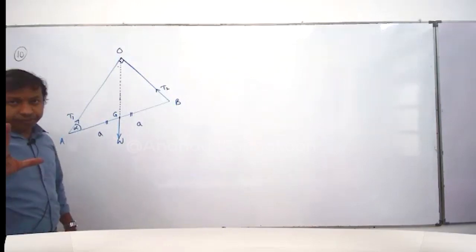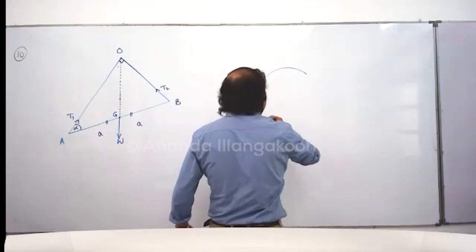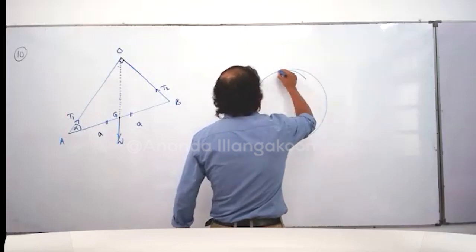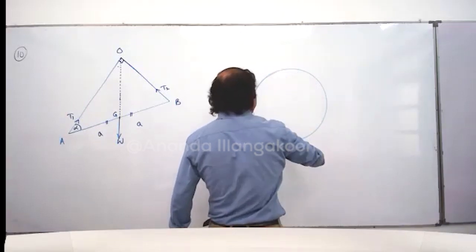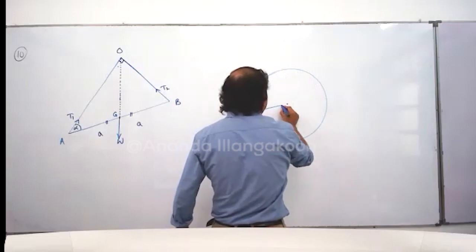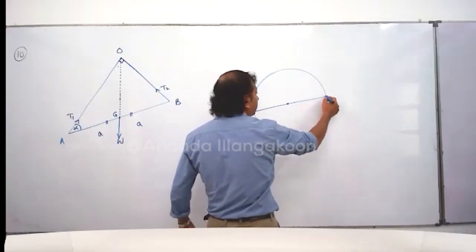Think like this. When we consider a circle, we take a diameter of the circle. A diameter is the line passing through the center of the circle, meeting the circle at two points like this.